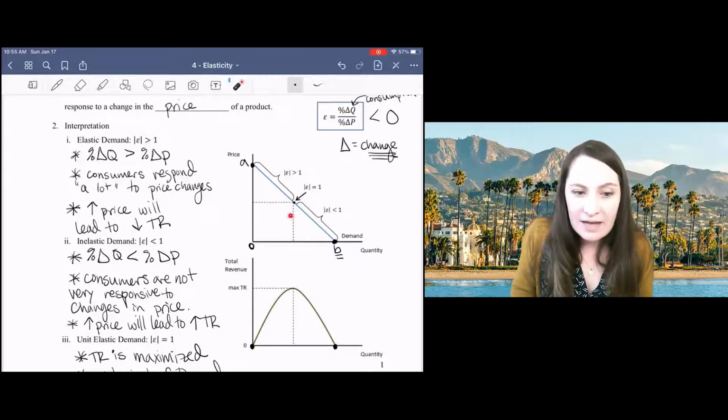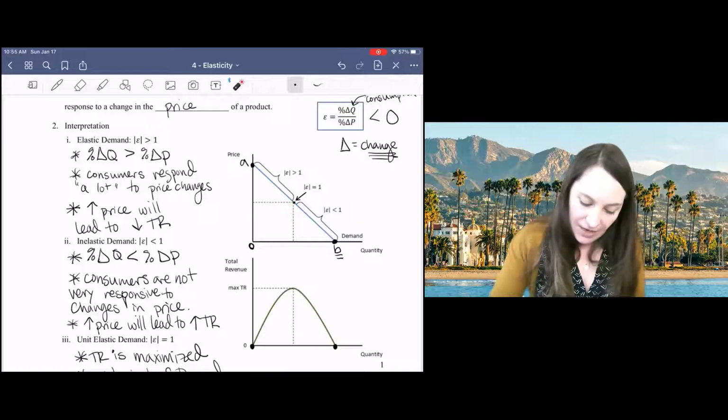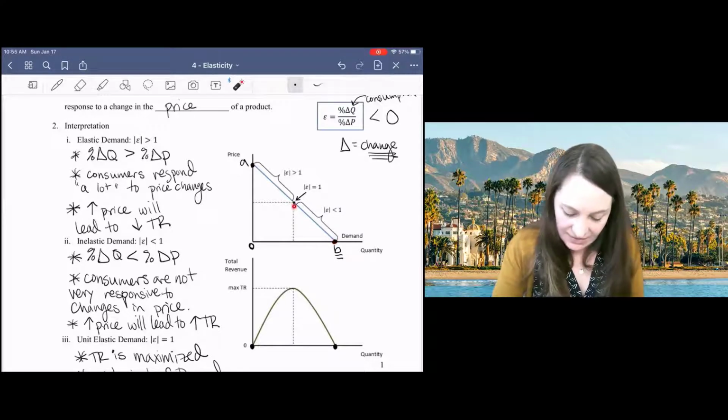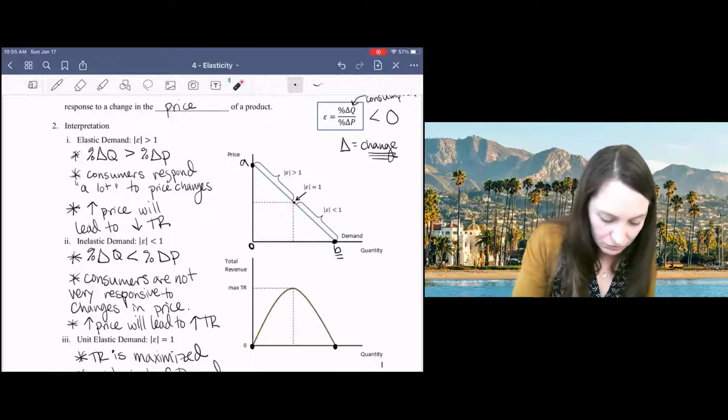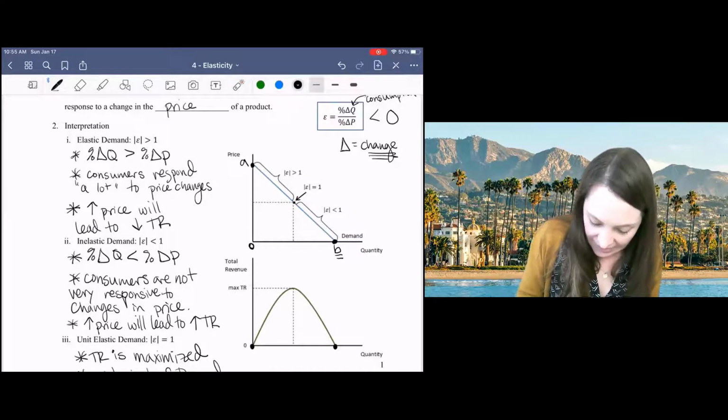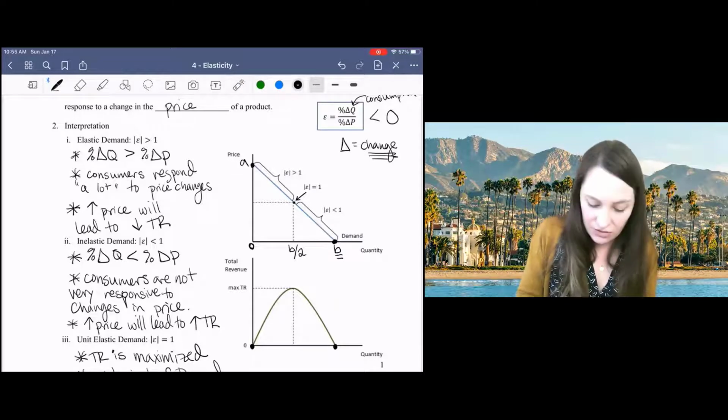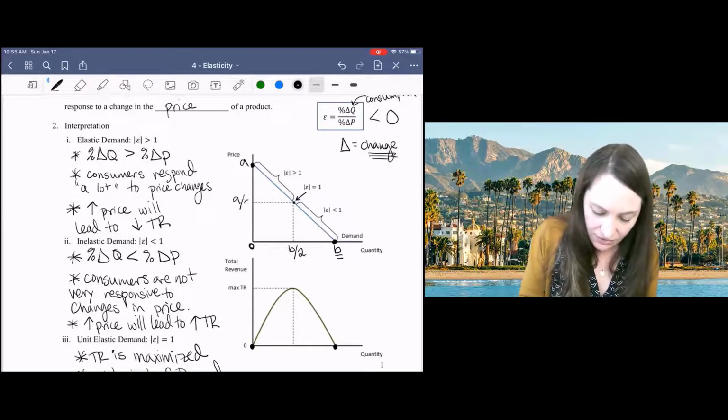And when we have a straight line linear demand curve, as we will always have in this class, the unit elastic point occurs at the midpoint of the demand curve. That means that the unit elastic point here occurs at a quantity of B over 2 and a price of A over 2.